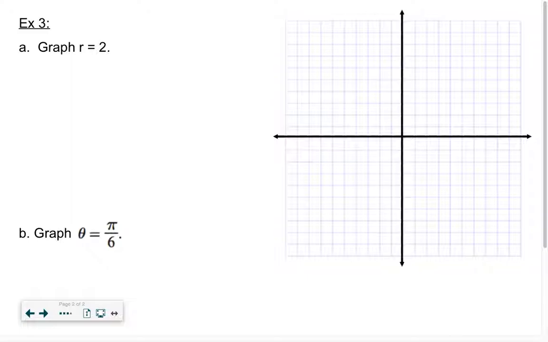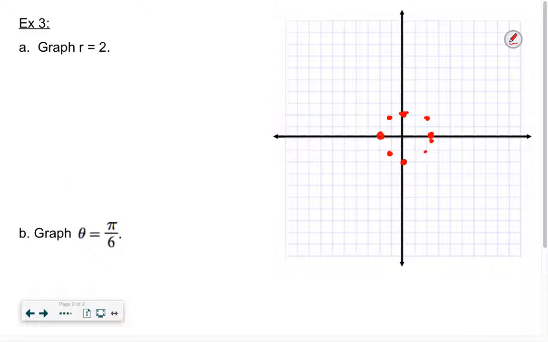If they just give us r, again, what did r represent? Well, it was the distance from the origin, right? But do they tell us which direction to go? No. So how is that going to look? Well, if the distance is 2, it could be that point, that point, that point, that point. It also could be this one here, this one over there, this one here.